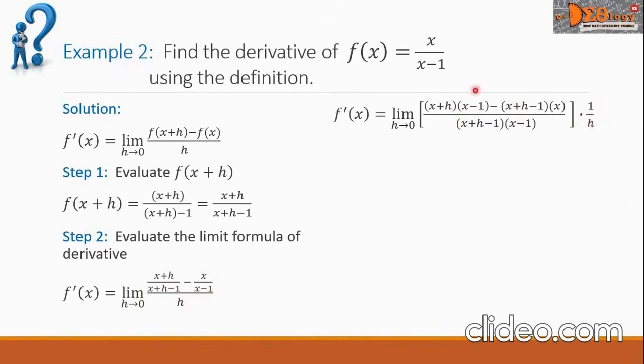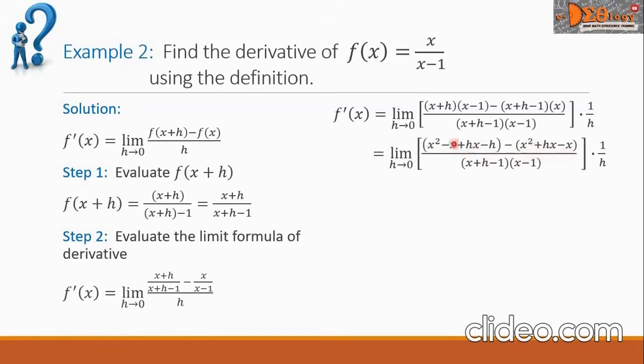Now, let us simplify our numerator by multiplying the corresponding factors. So we have here x squared minus x plus hx minus h minus the quantity x squared plus hx minus x.